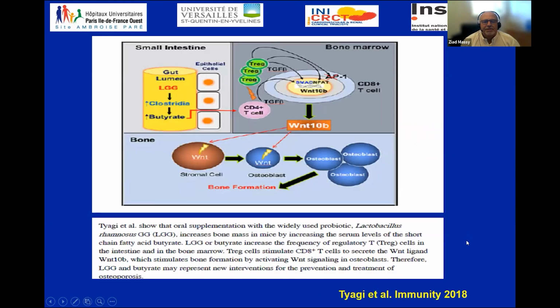Before his paper in JCI, he published a paper in Immunity showing that if you give lactobacillus or increase butyrate, you modify the immunological system by activating CD4 cells, which have this receptor GPR43, modifying Treg and CD8, and increasing WNT10B. By increasing WNT10B, you have a transformation from stromal cell to osteoblast and increased bone formation.